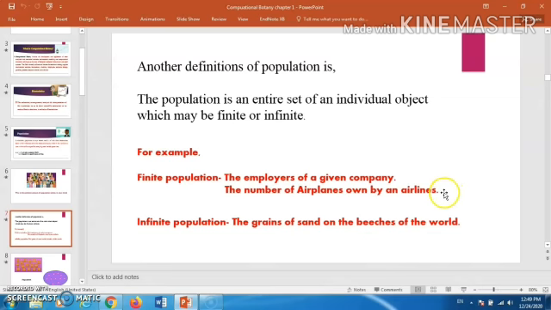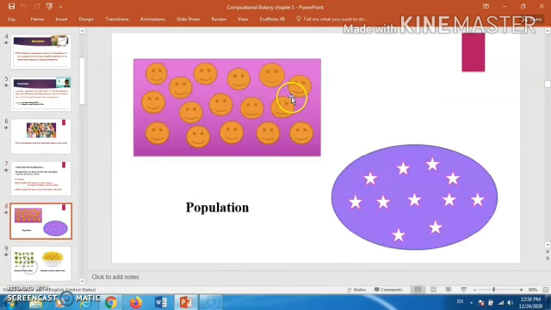So here, whatever number of airplanes a particular airline owns. Then infinite population: the grains of sand on the beaches of the world. It is not possible to count them, but it is a type of infinite population.